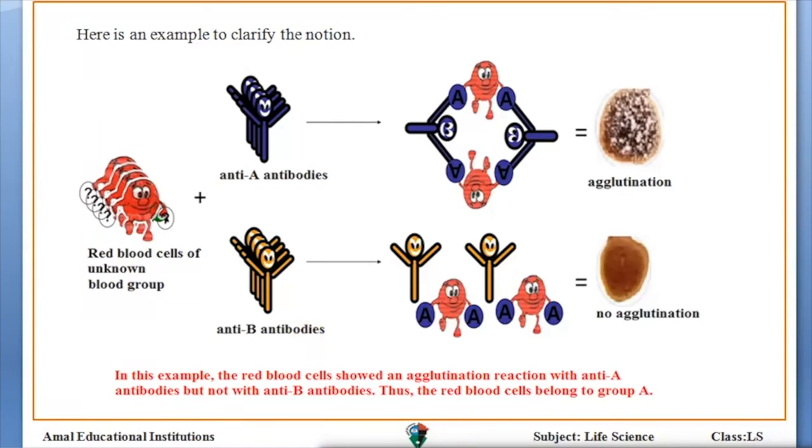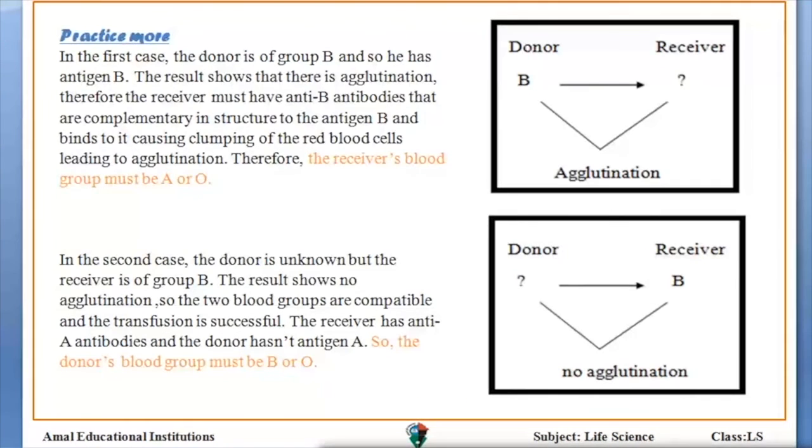Let us practice a little bit more in the following two cases. In the first case, the donor is of group B and the receiver is unknown. The result is an agglutination.